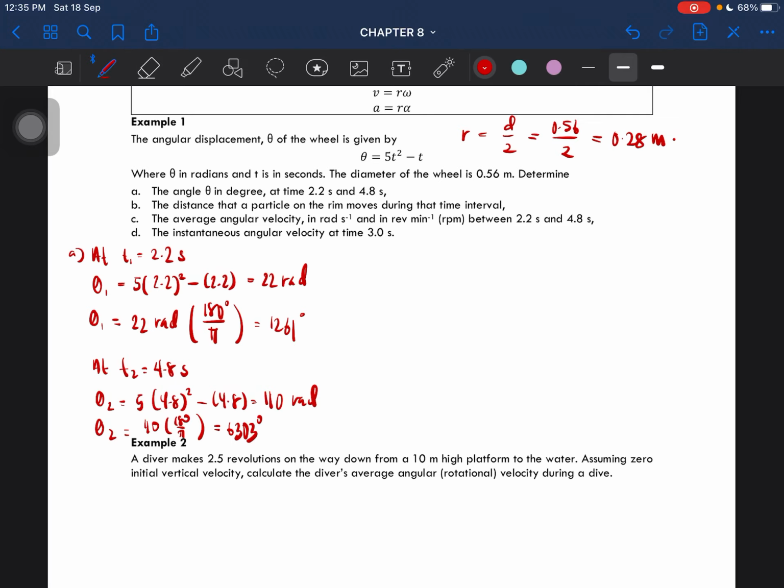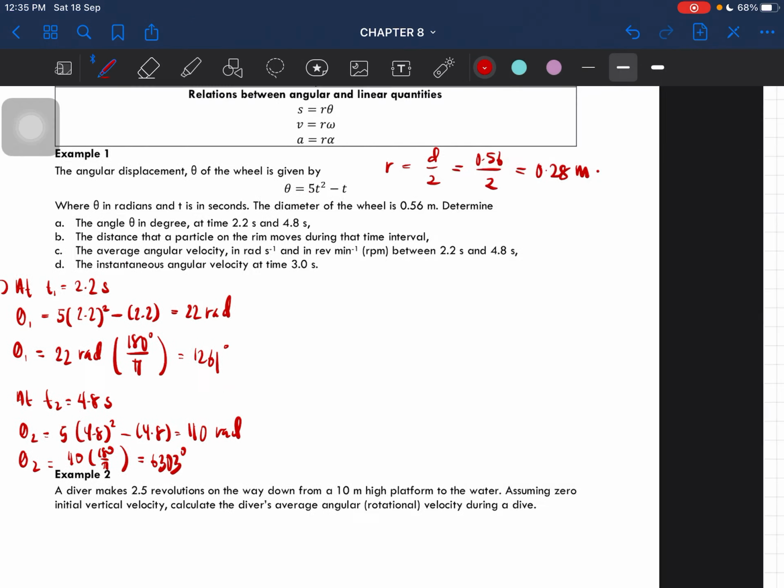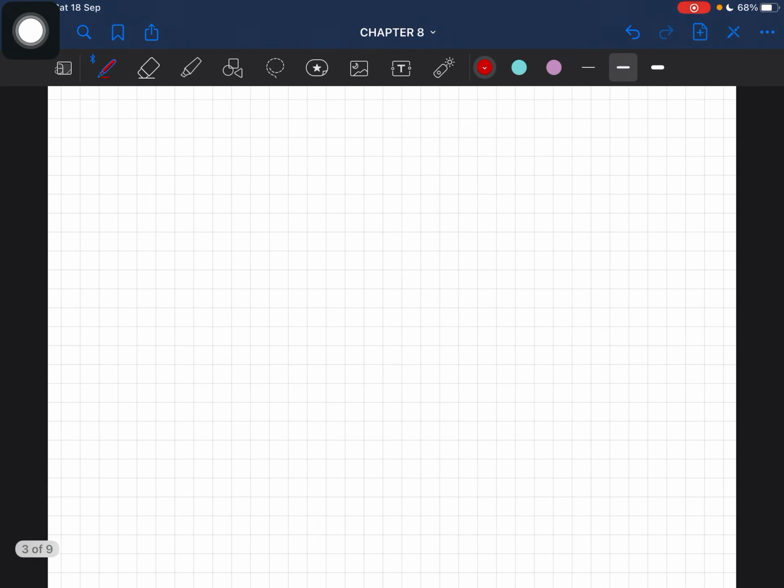Now we should go to question B. I think I'm gonna do it on another paper. So for question B, we are going to apply the equation of arc length, which is S equal to R theta. So delta S is R delta theta, the change in the angular displacement.